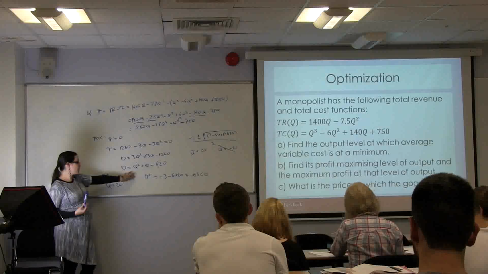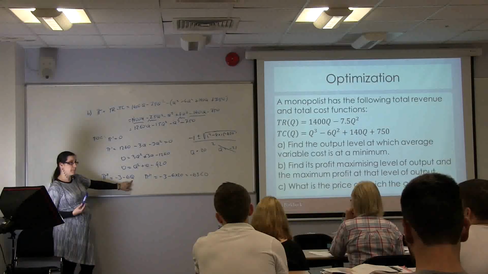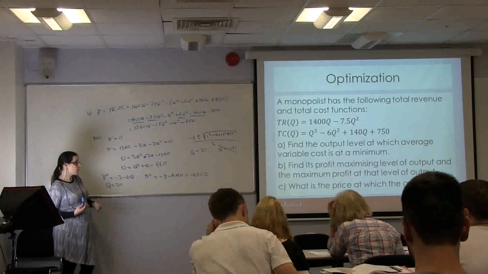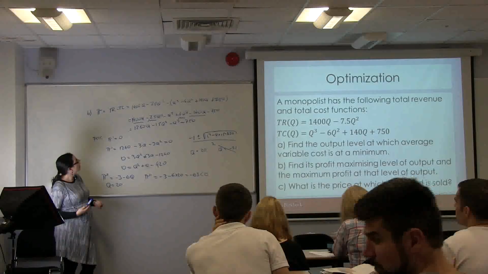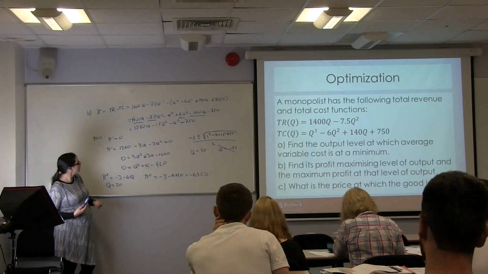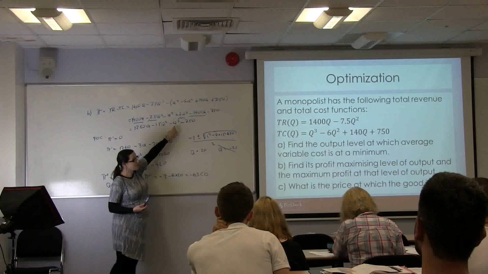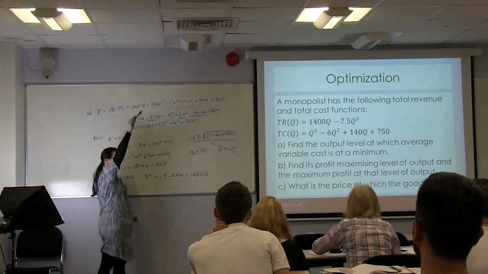So this term would be bigger than minus 3 already for Q equals 1. Okay, so this is probably a function that doesn't actually have one, because it's a cubic. So this is one of those squiggle looking ones.